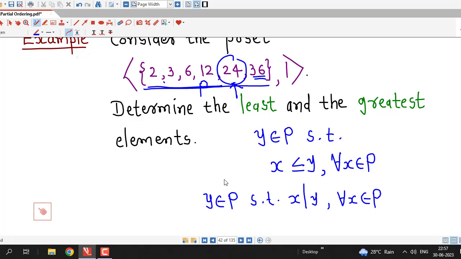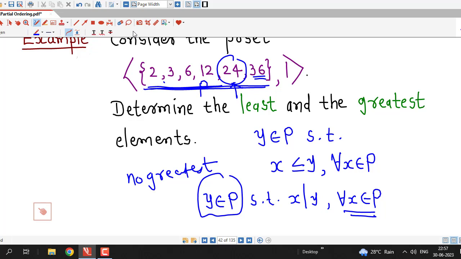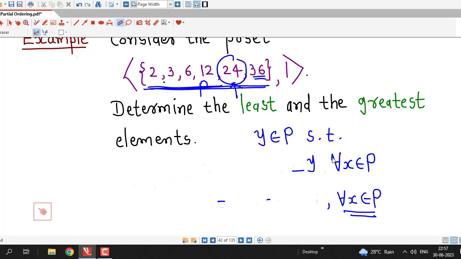So I can say that there is no element Y in this set such that X divides Y for all X belonging to P. Therefore, this partially ordered set has no greatest element, or the greatest element does not exist in this partially ordered set.